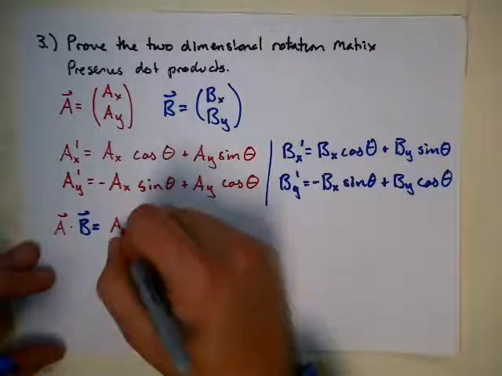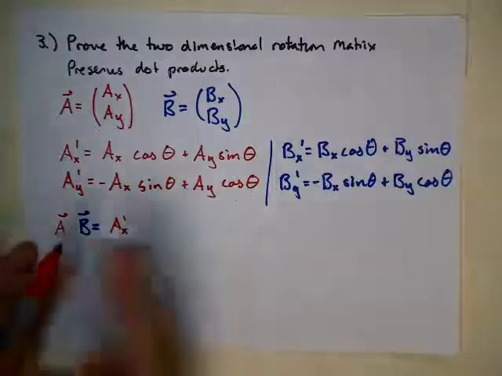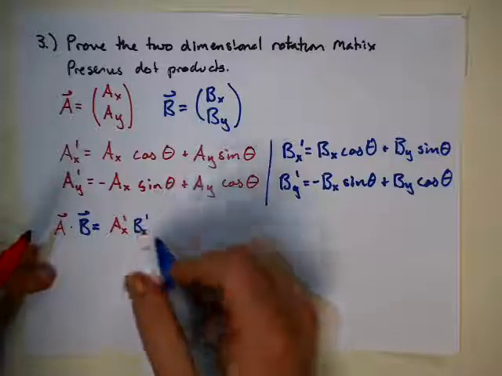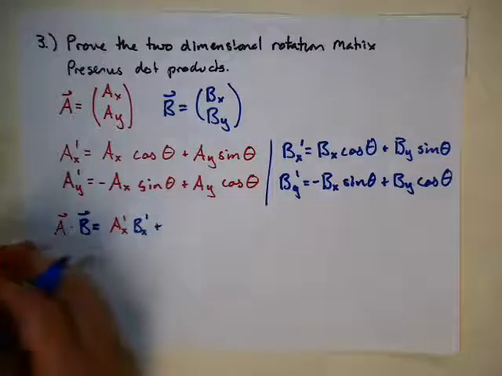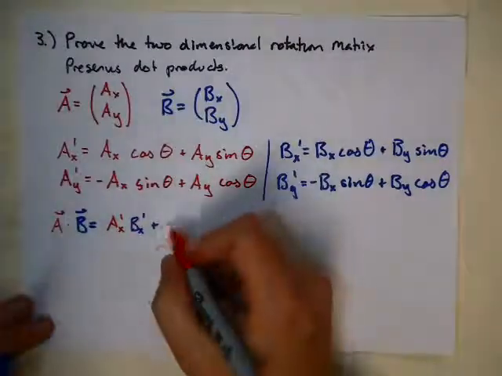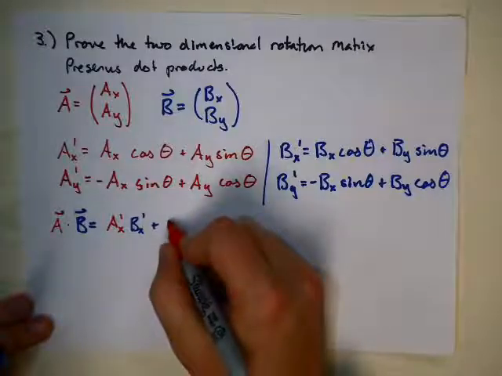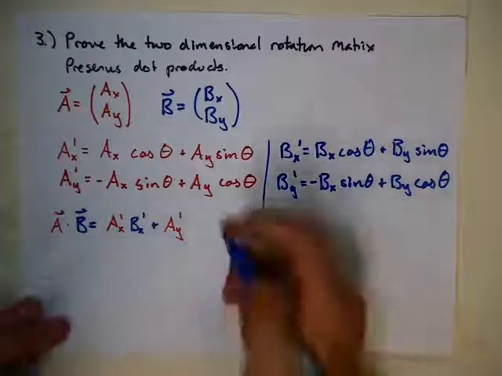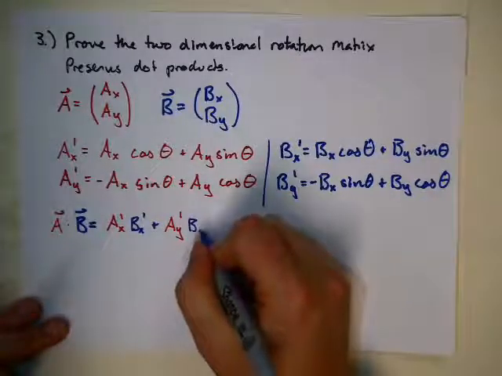And so this is AX prime, BX prime plus AY prime, BY prime.